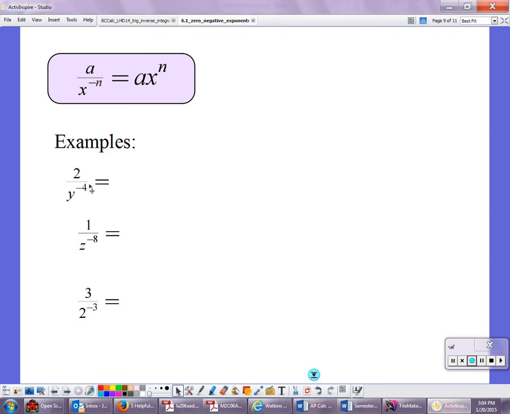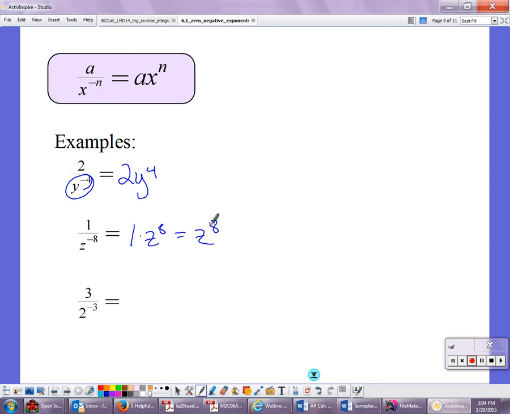So 2 over y to the negative 4th. Well, we're going to take this whole thing and bring it up and make the exponent positive, so we end up with 2y to the 4th. 1 over z to the negative 8: we bring this z to the 8th up. We make the exponent positive, bring it up, so we have 1 times z to the 8th power, or we'd probably just write that z to the 8th.